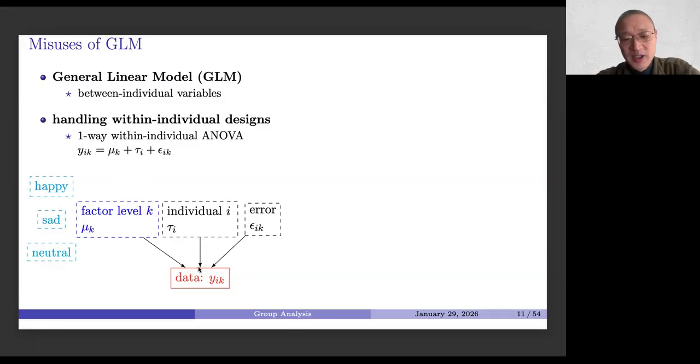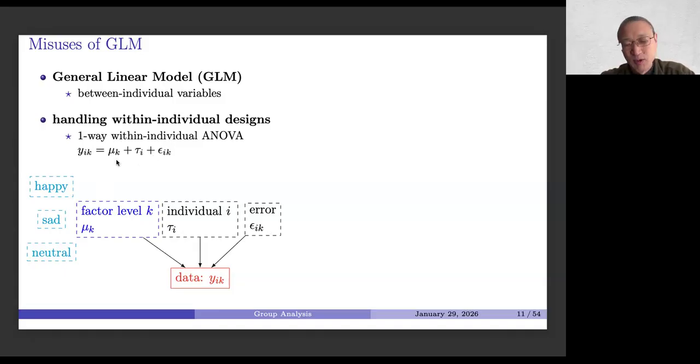In this case, we decompose each data point into three components. For each emotion, we have that particular average at the group level. Then each individual has their particular intercept, which we typically call random effects. Lastly, we have the residuals. So we solve it, then we get the estimate.